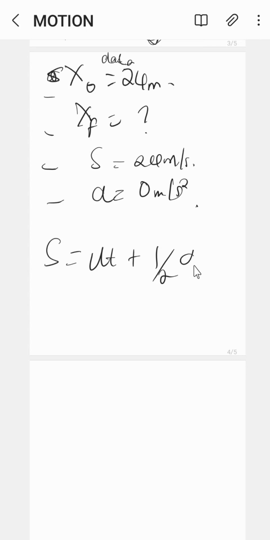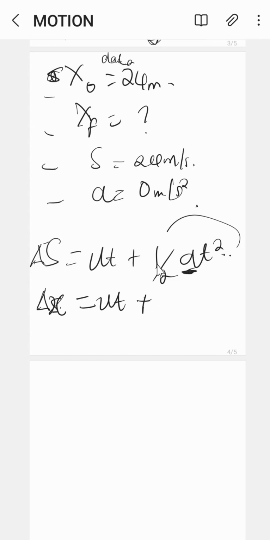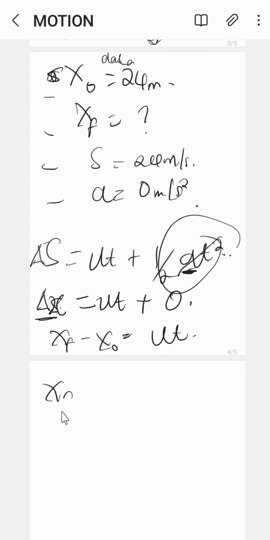Our change in distance is equal to initial velocity multiplied by t plus the acceleration term, and we know acceleration is 0, so this part is 0. So change in distance, final minus initial, is equal to ut.